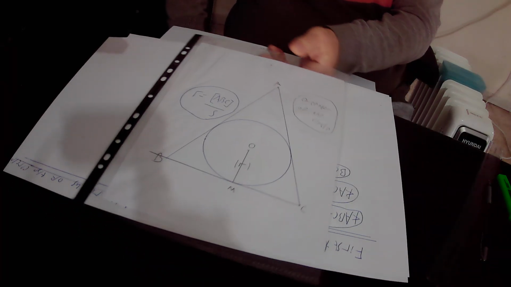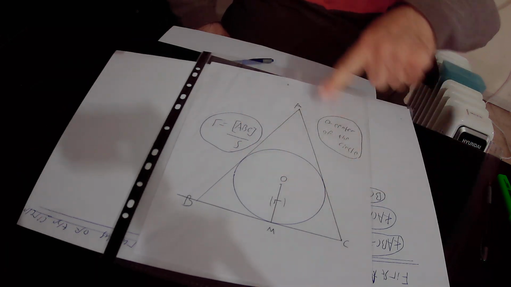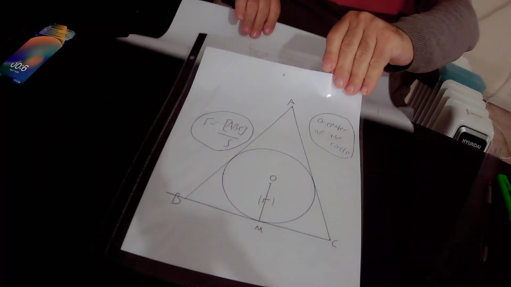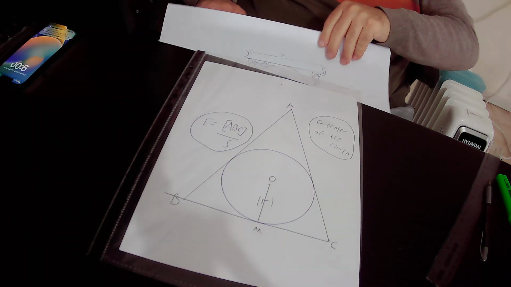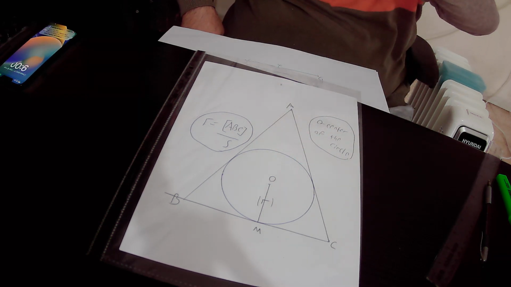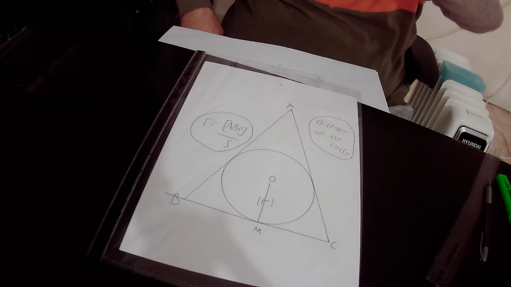So here we have triangle ABC that could be any triangle. Triangle ABC blocks this circle, or this circle is inscribed by triangle ABC.